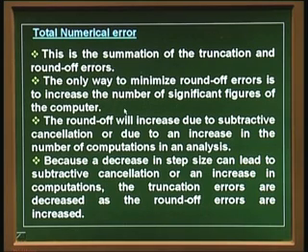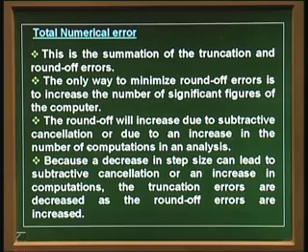So if you want to minimize the round off errors, we know round off errors come because the number of significant digits is finite. The only way we can minimize the round off errors is to increase the significant figures in the computer. But the round off errors will increase due to subtractive cancellation or due to an increase in the number of computations. That is also true.